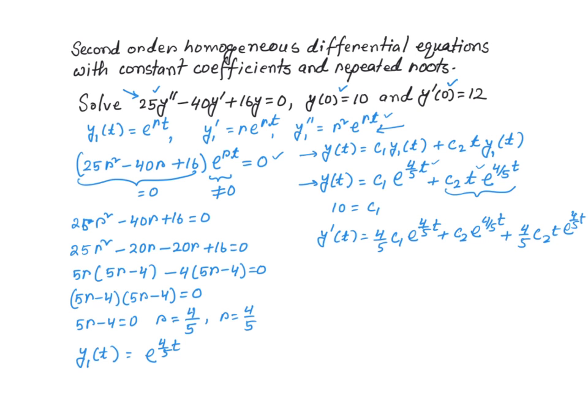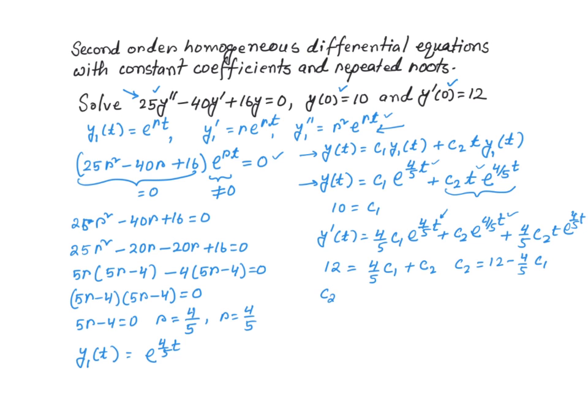Now y'(0) is equal to 12, so it's going to be 12 is equal to 4 over 5 times c1, and t is 0, so e to the power 0 is 1, plus, again the same thing here, e to the power whatever is equal to 1, and the t term is 0, so c2. Now I just need to solve for c2. So c2 is equal to 12 minus 4 over 5 times c1.